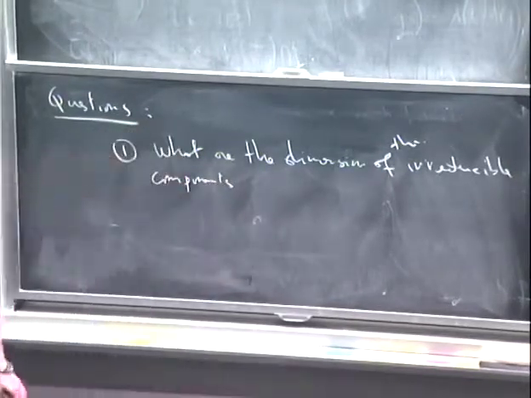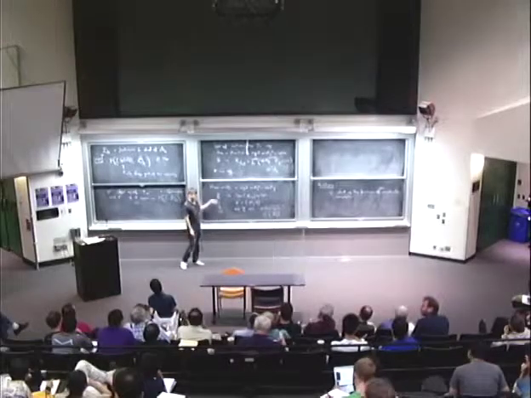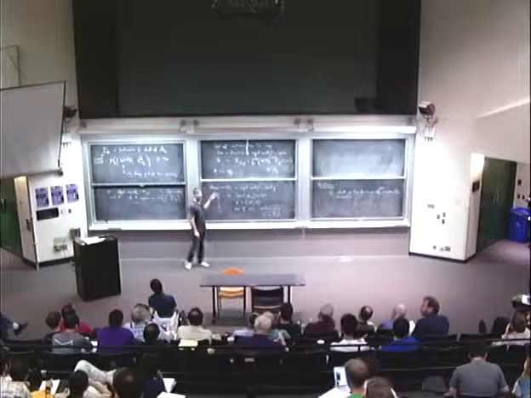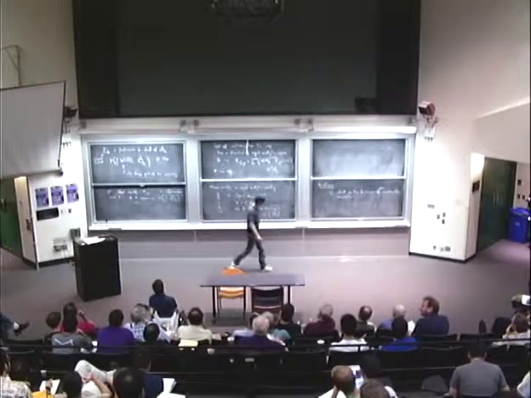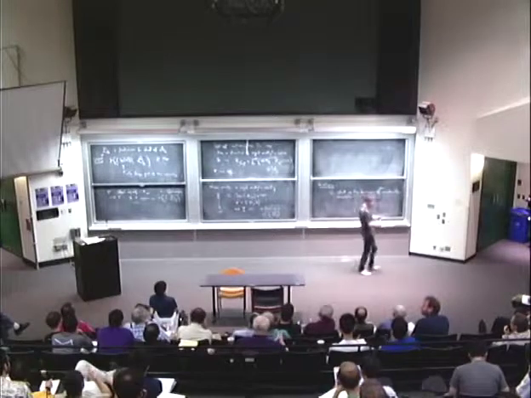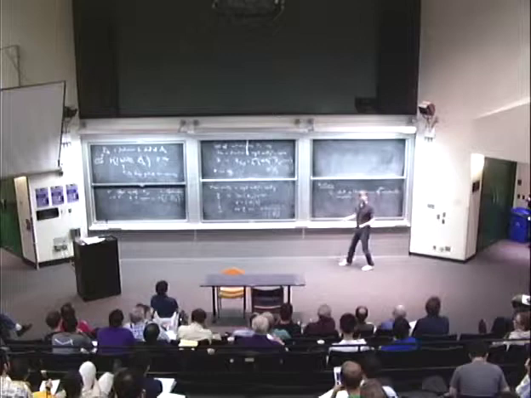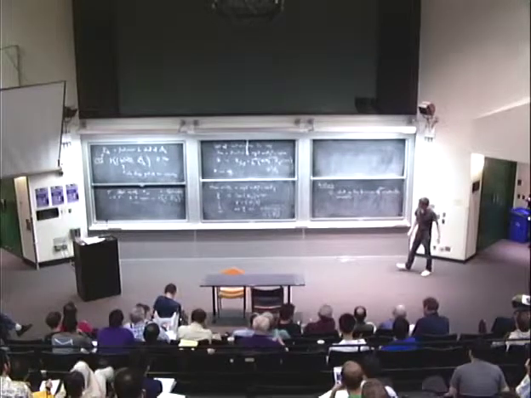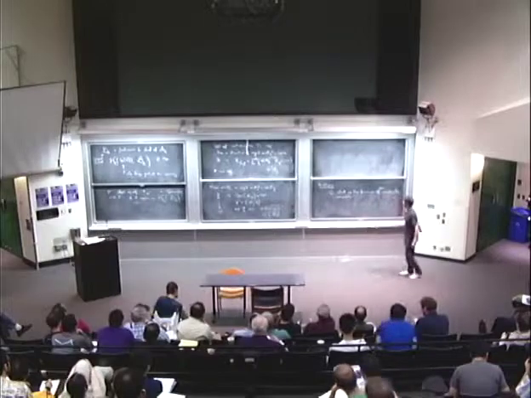Something that comes from their work also is that the dimension of the irreducible components is smaller than the dimension of weight space. But we can ask, are there components of the same dimension? If there are components of the same dimension, are all of them of the same dimension? It's not clear.